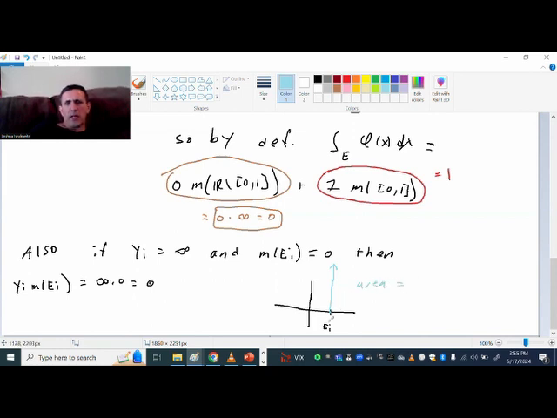So the area here you can think of as infinity times 0, but it has 0 width, so it should be 0. And again, for the theory to make sense, since here I'm saying yi is infinity, we're going to designate this to be 0.